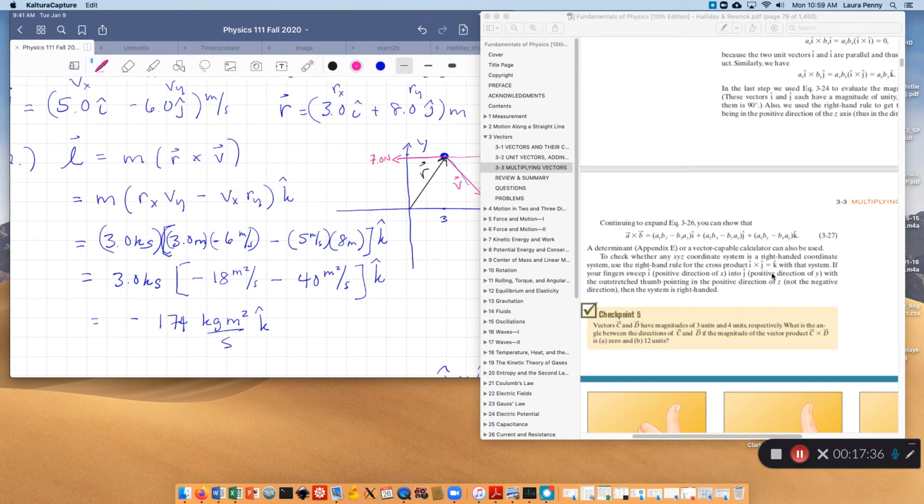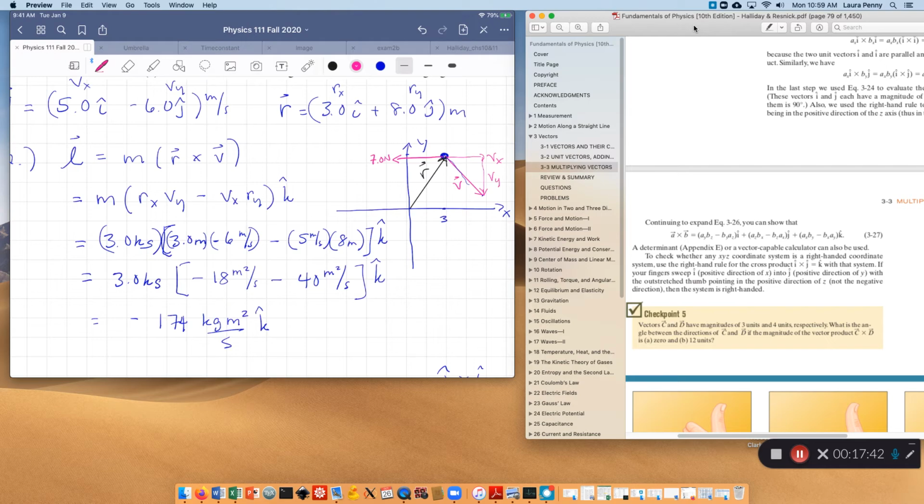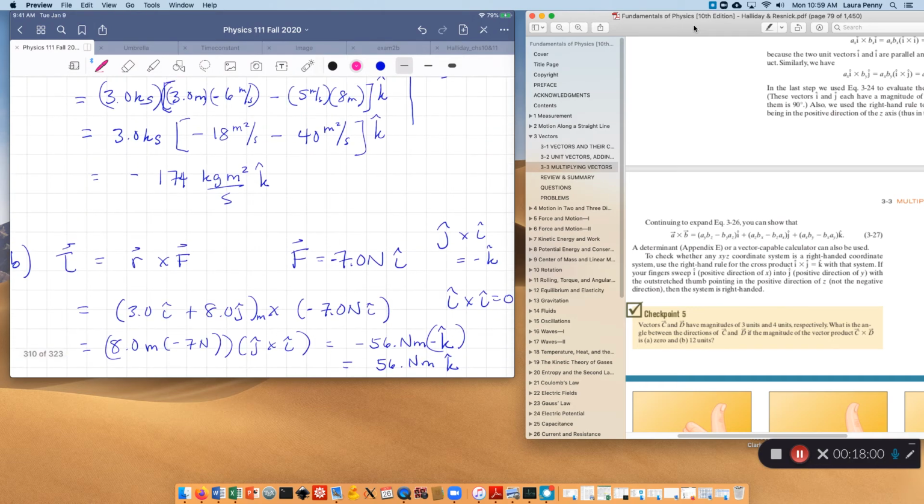So if I did the right-hand rule here, where my fingers go in the direction of R with my right hand, and then I curl my fingers in the direction of the force, my thumb is sticking out of the paper. And that is the positive Z direction. And so I do have a torque in the positive Z direction.